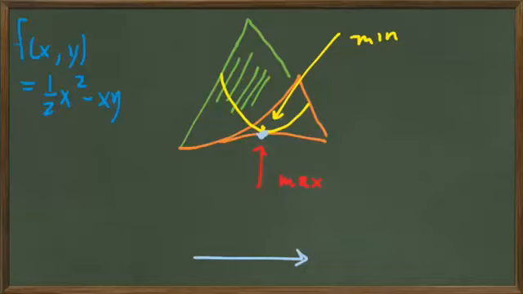However, if you trace out the graph along this direction, moving toward you out of the plane of the blackboard, you see that you have a minimum, and so you actually create a saddle, and that's why it's called a saddle point, right there.